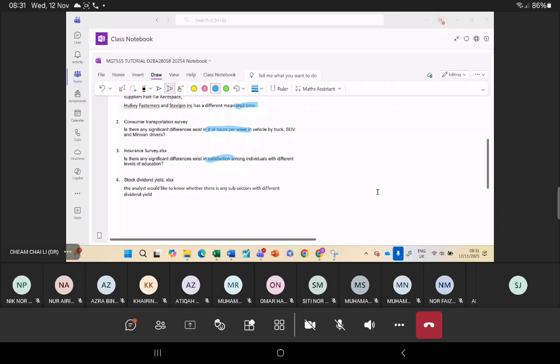And what is the variable? Subsector yang ni tak ada number, dia tak ada nilai, ya. Yang ada nilai adalah dividend yield, right? So this is your mean. You need to determine the mean of these 3 subsectors. Okay, so kita guna ANOVA.